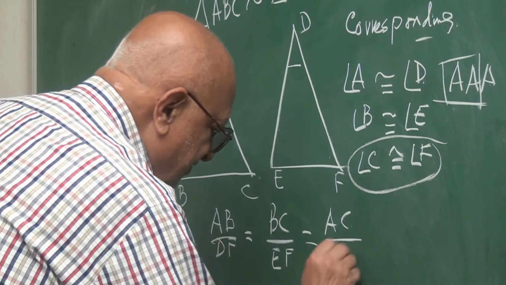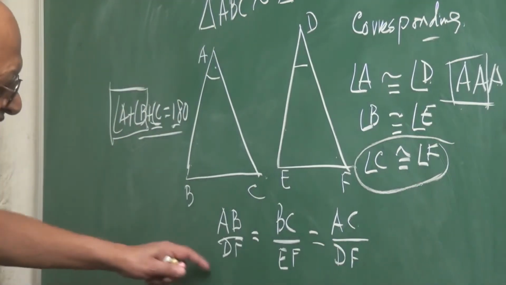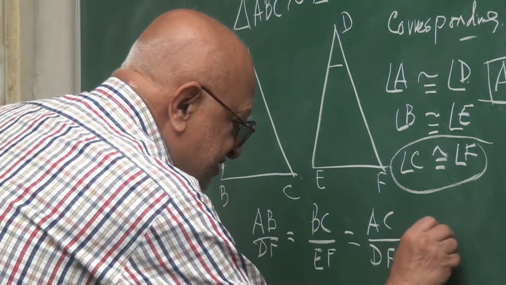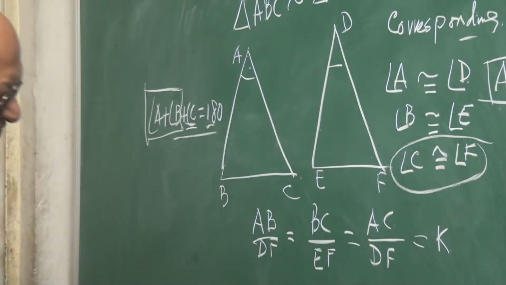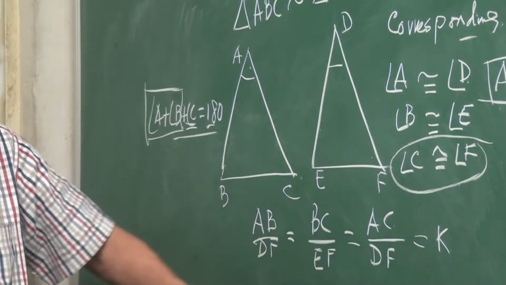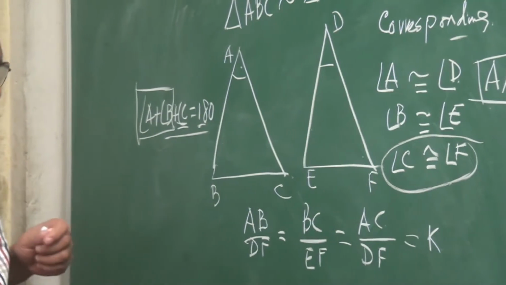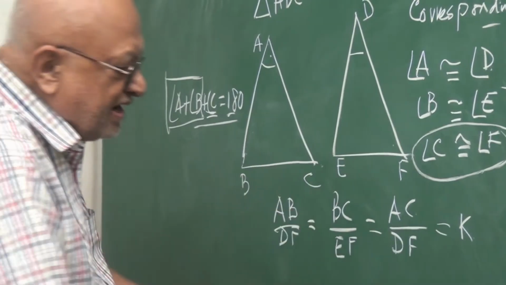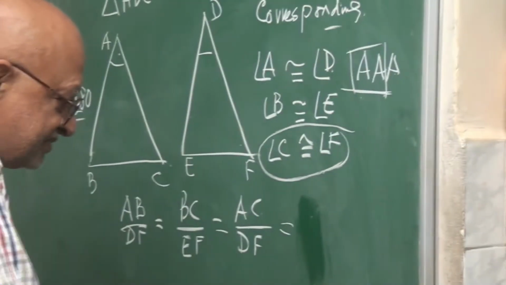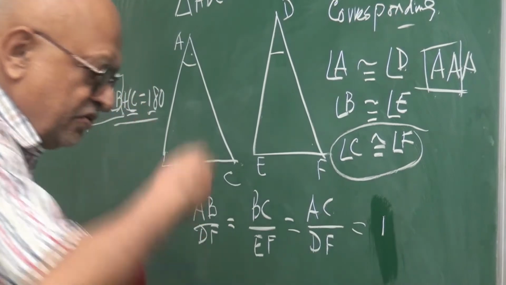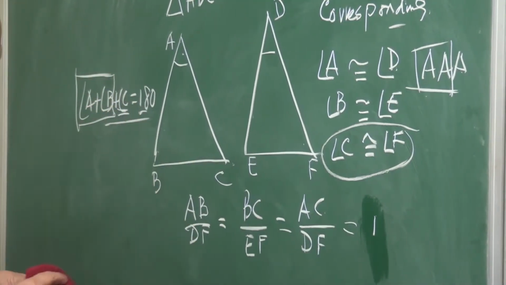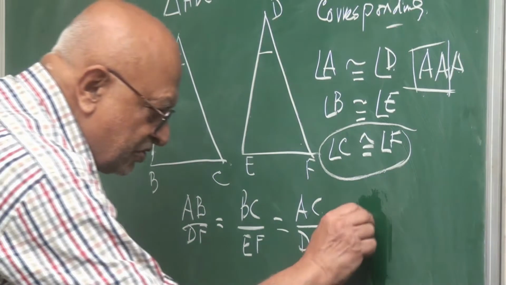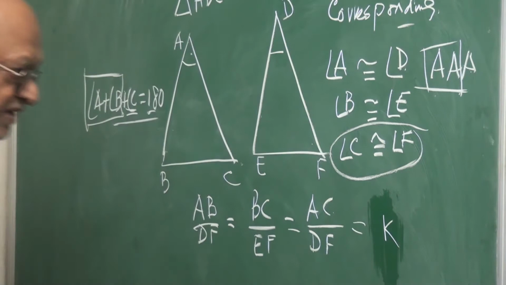These ratios should be the same, and let us say this is equal to some constant K. This is in case of similarity. I will digress a little bit and say that in case of congruent triangles, this K becomes equal to 1. Again, this is a digression. I have diverged from what I prepared, so we will call this ratio equal to K.